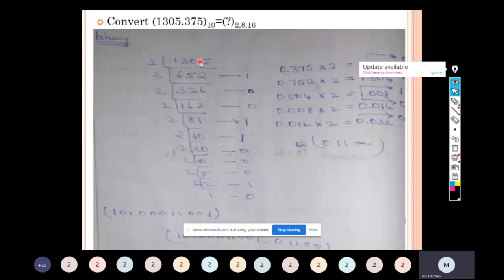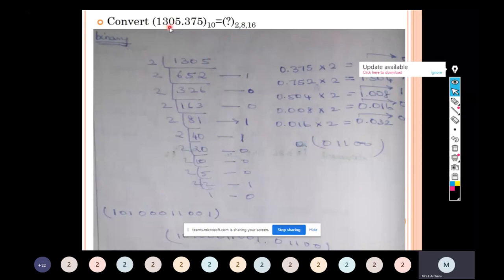So 1305, first we are going to convert the given number. It consists of integer part as well as fractional part. For the integer part we are going for successive division method. For the fractional part we are going for successive multiplication method.